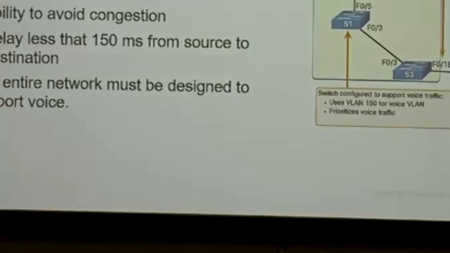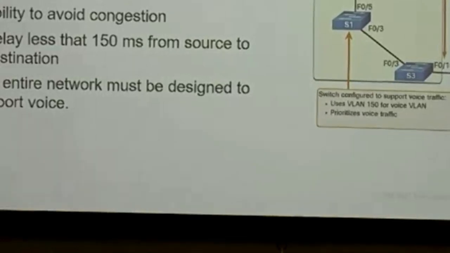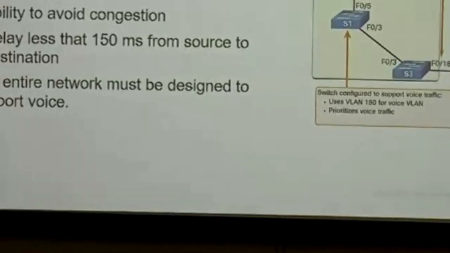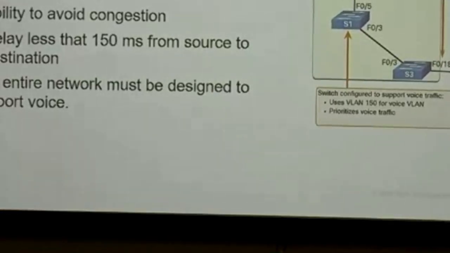Anyways, the voice VLAN can do special things like interface with Cisco VoIP phones really well. Cisco VoIP phones have two ports. One port you connect back to the access port on the switch, and the other one goes to the PC. So only one physical cable needs to be run to the desk. Typically, this is going to be PoE as well, power over Ethernet, because the phone needs some power.